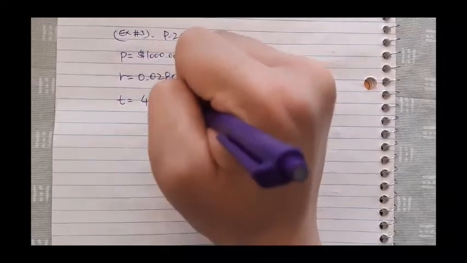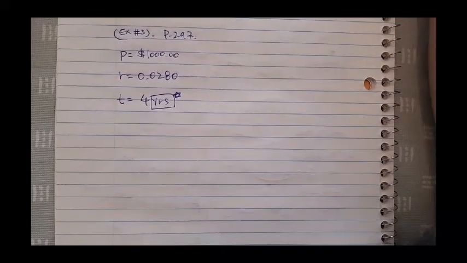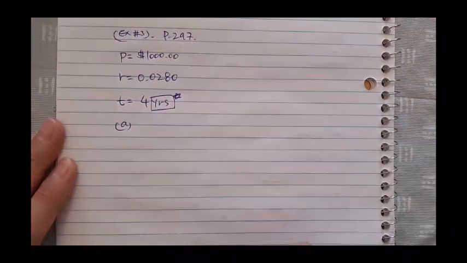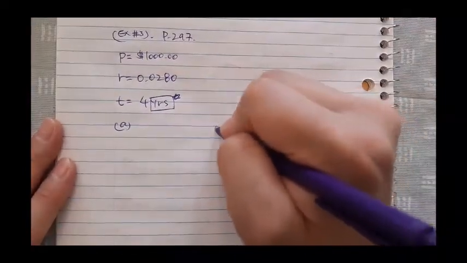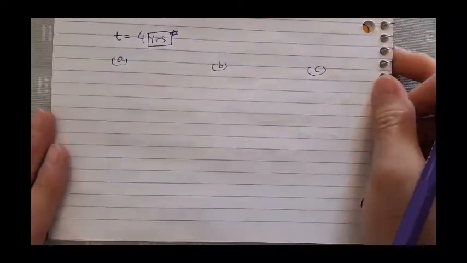I'm going to emphasize this term of 4 years because everything is calculated as a yearly situation. So when you talk about quarterly and monthly, it's a good idea to talk about the n differently. Now, I'm going to solve A on the left side, B in the middle, C at the last side.